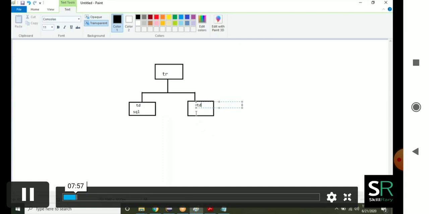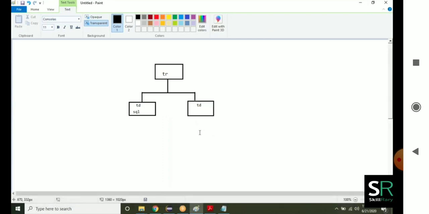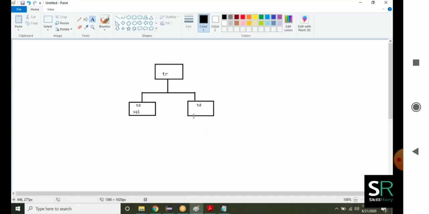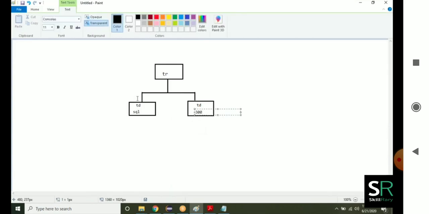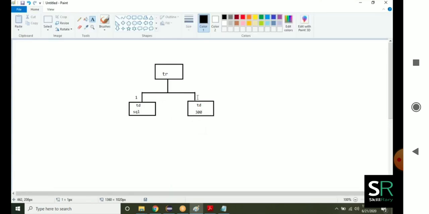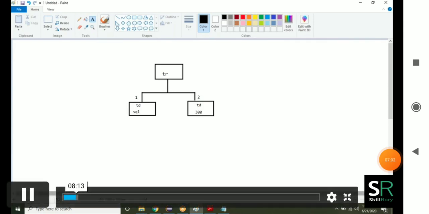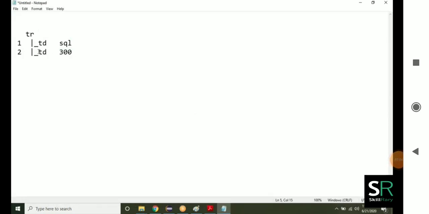Price is there. What is the price? It is 300. This is 1 and this is 2. I have written the HTML tree in a horizontal way. This one is the vertical view, guys. This is called HTML vertical view. The one which I have written is the vertical view.